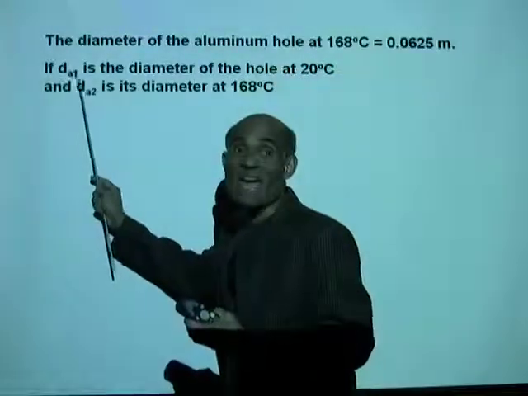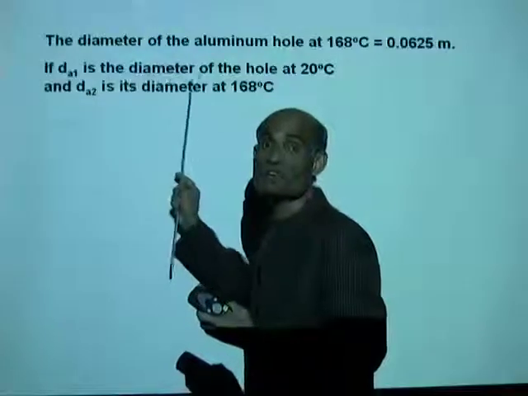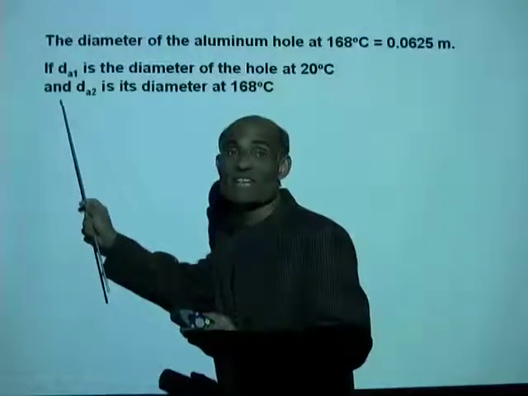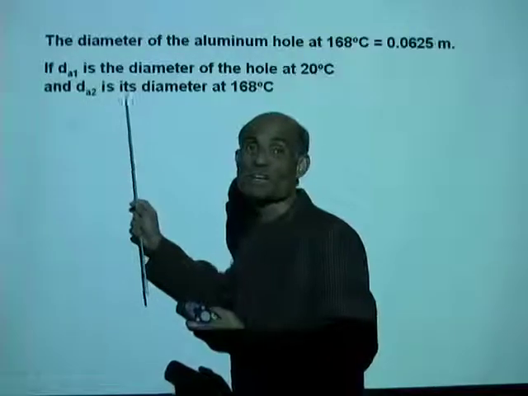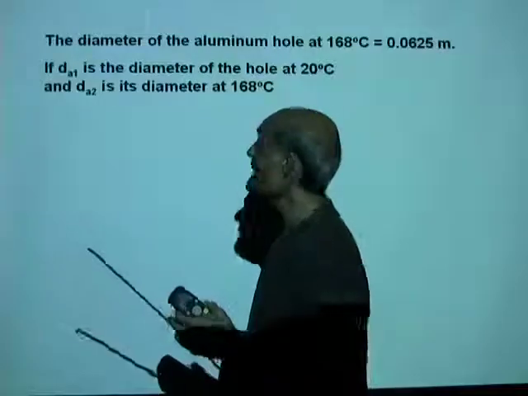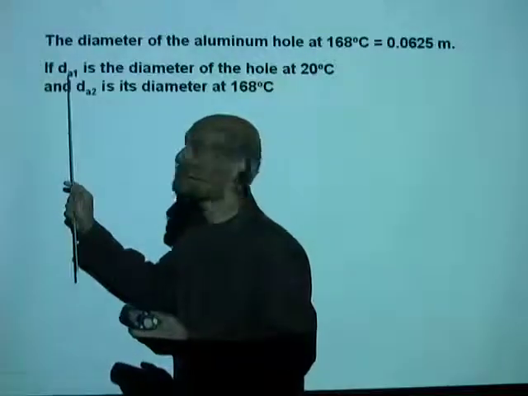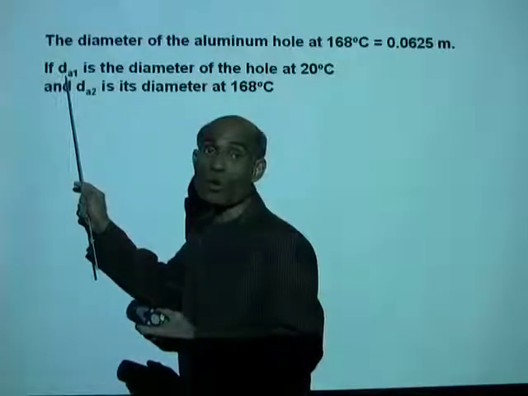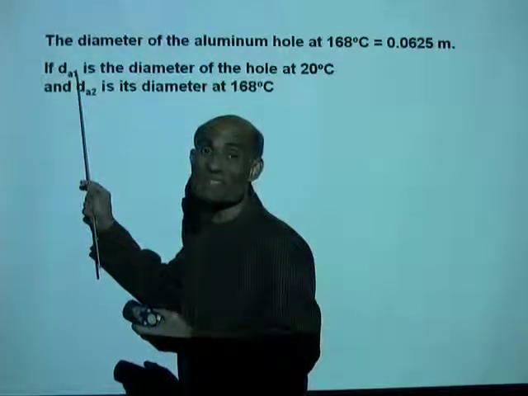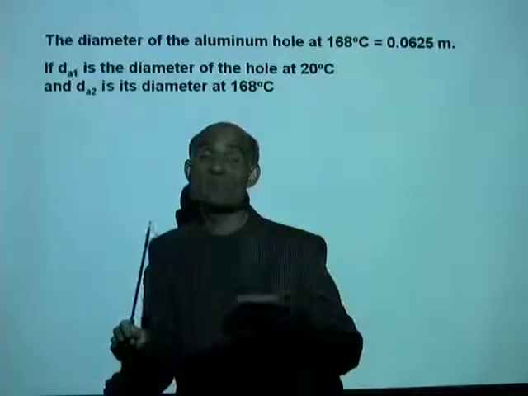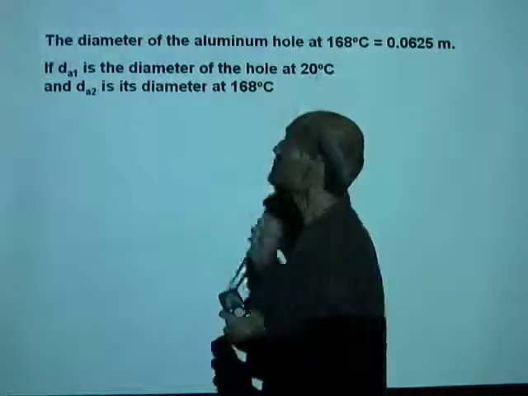If dA1 is the diameter of the hole at 20 degrees Celsius and dA2 is the diameter of the hole at 168 degrees. A is used for aluminum. dA1, the diameter of the hole in aluminum at temperature T1, is the diameter of the hole at 20 degrees Celsius.